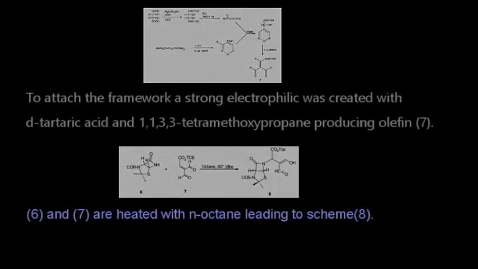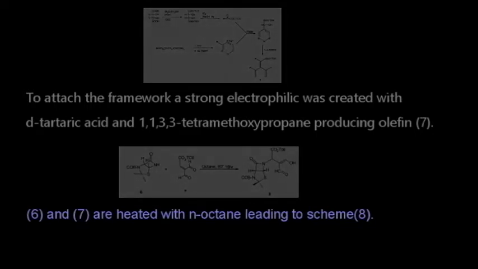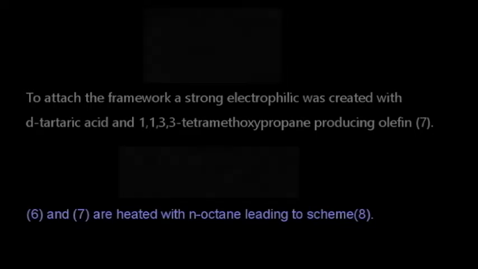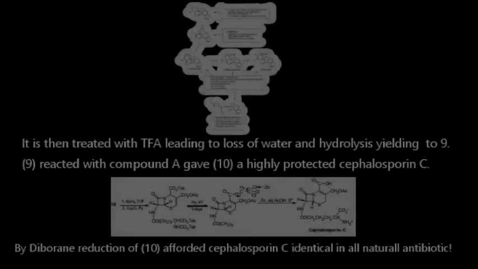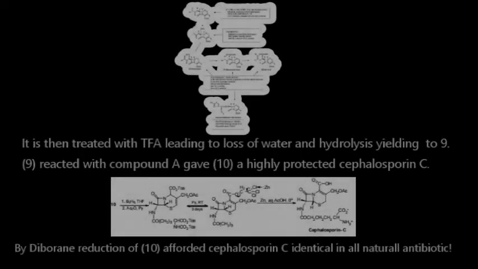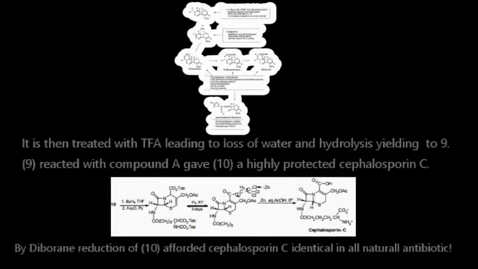Compound 6 and compound 7 are then heated with an octane, leading to the compound numbered as 8. To generate the entire cephalosporin C skeleton, compound 8 is treated with trifluoroacetic acid, or TFA, leading to loss of water on one hand and hydrolysis of the Schiff base on the other to yield compound 9.